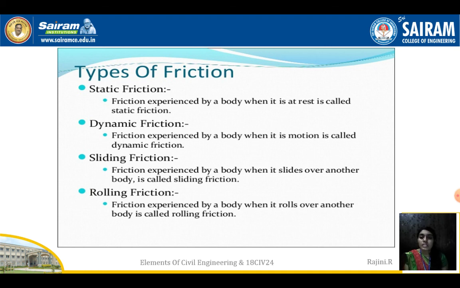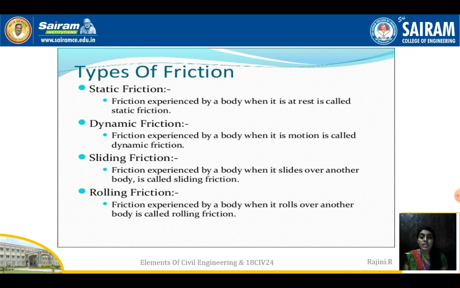First one, static friction, right? Friction experienced by a body when it is at rest. Static means the body is at rest. So the friction developed in that situation is called static friction.